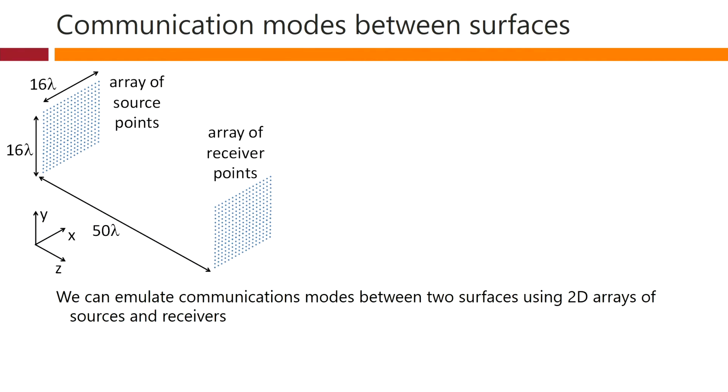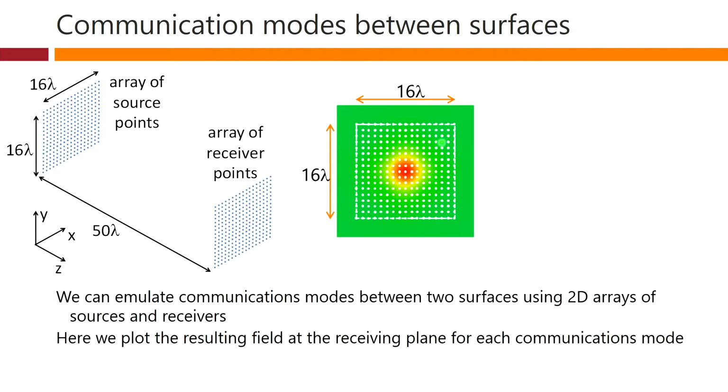We're going to take our surfaces as these areas here, a 16 wavelength square transmitter or source area and a 16 wavelength square receiving area. So we have two-dimensional arrays of sources and receivers that are emulating the situation for the communications modes with these two surfaces. So here we are plotting the field at the receiver. That's what's shown on this picture here.